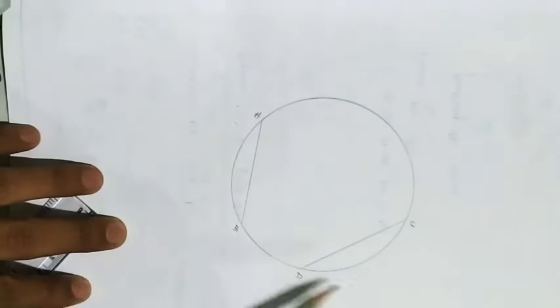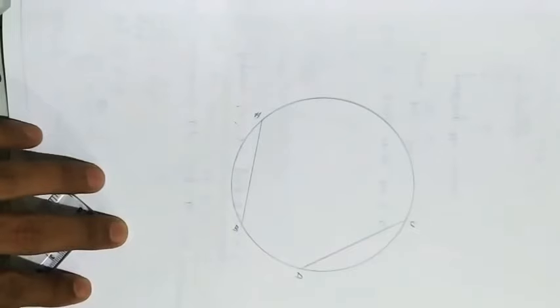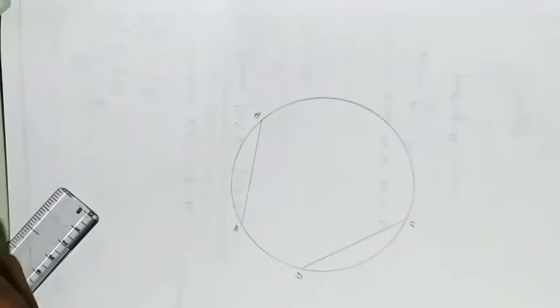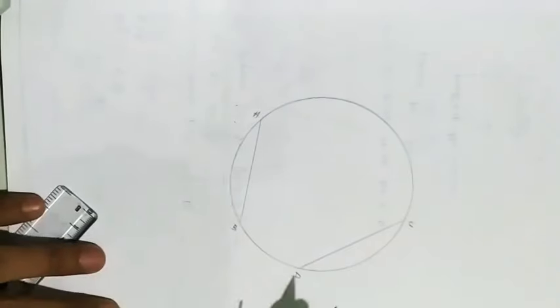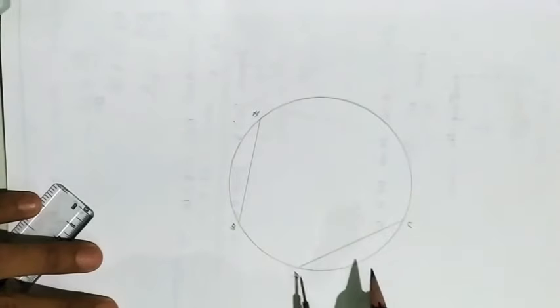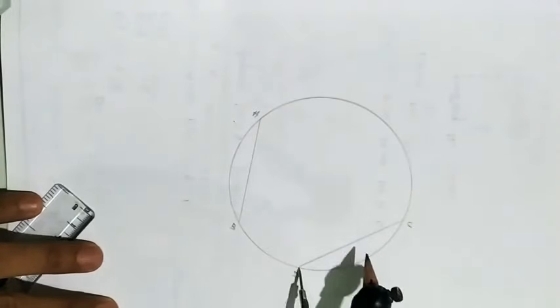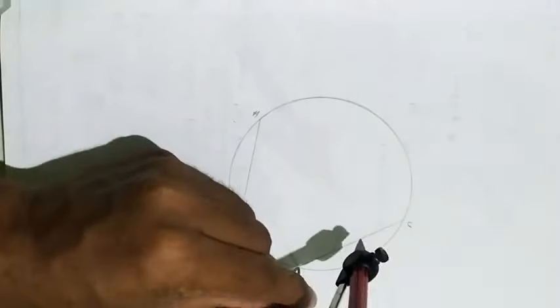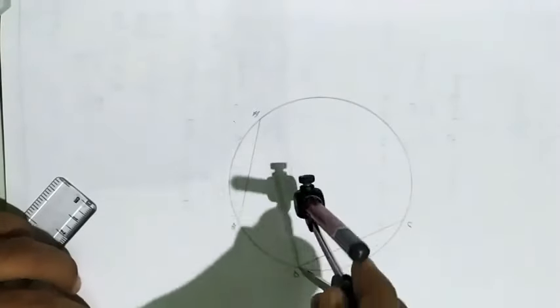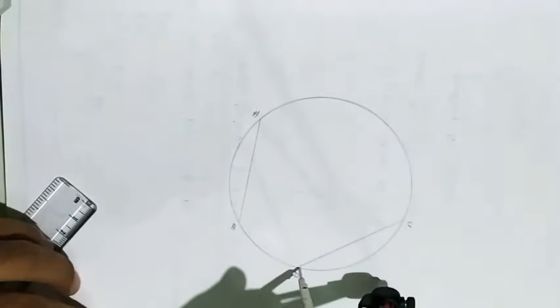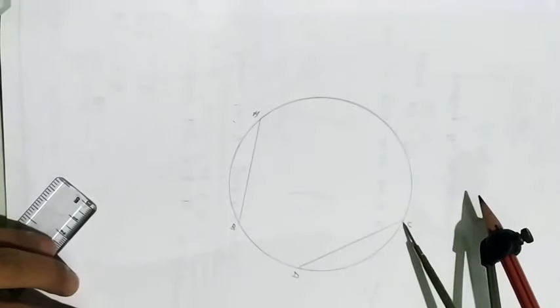After taking the two chords, draw perpendicular lines for both chords. How to draw a perpendicular line? Let's take more than half on either side.